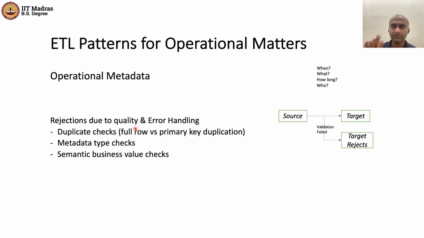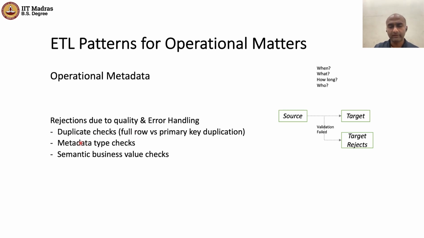And each change that has happened has a timestamp attached to it. And that timestamp is the operational time when that particular change happened. So therefore, it is not a full row duplicate. It is in fact a primary key duplicate. But that's perfectly fine, right? The business scenario allows for it. I do allow for changes to happen and changes to revert back to the older versions. So keep this in mind.